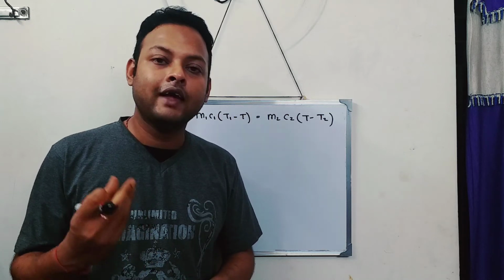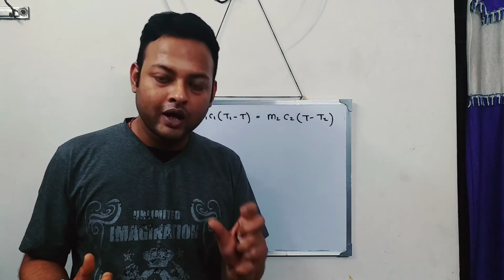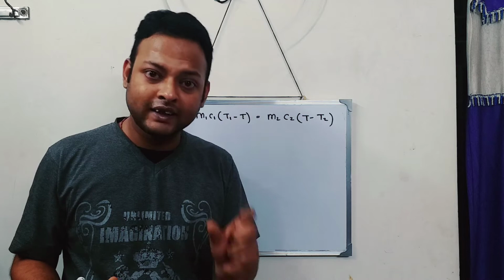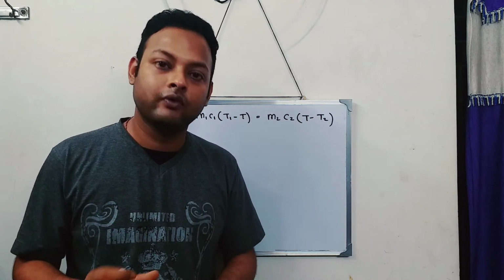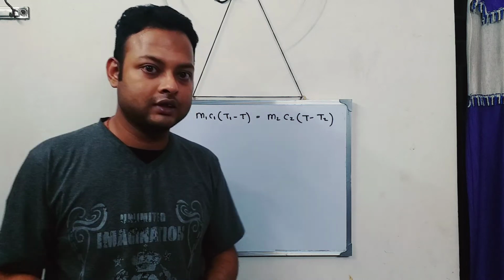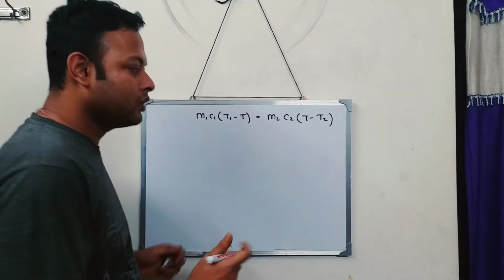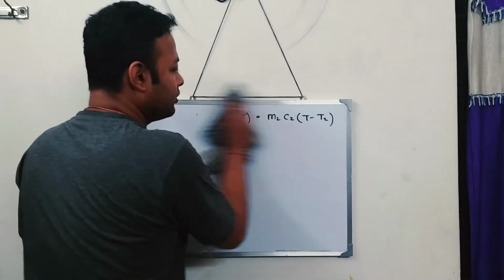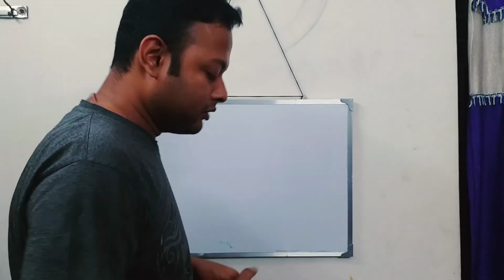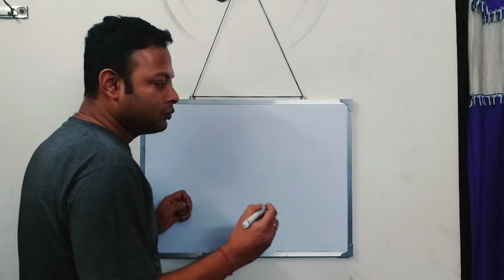But in actual practice, we also have to consider the fact that the calorimeter itself also gains a certain amount of heat in this whole process. So we will consider what? Let me draw a situation. Let me give you a brief idea about what will be happening over here.